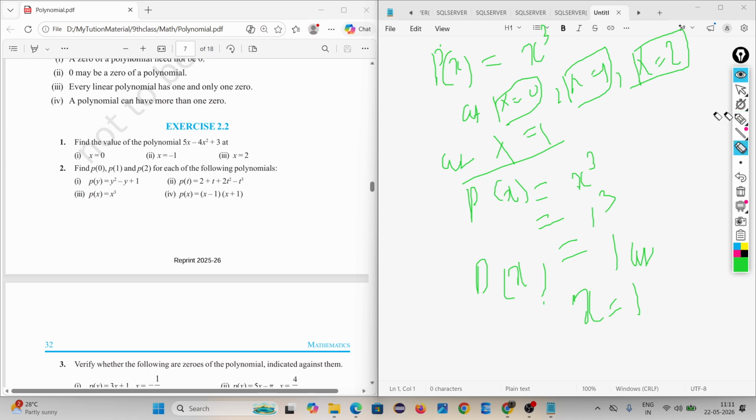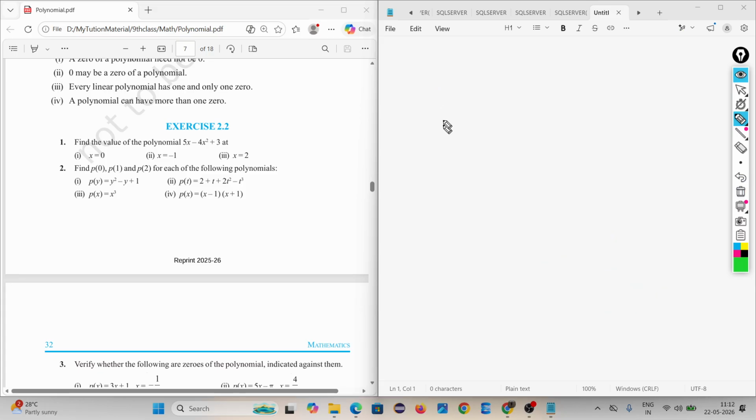Then 2, 8, sir. 2 cube is nothing but 8 at x equal to 2.